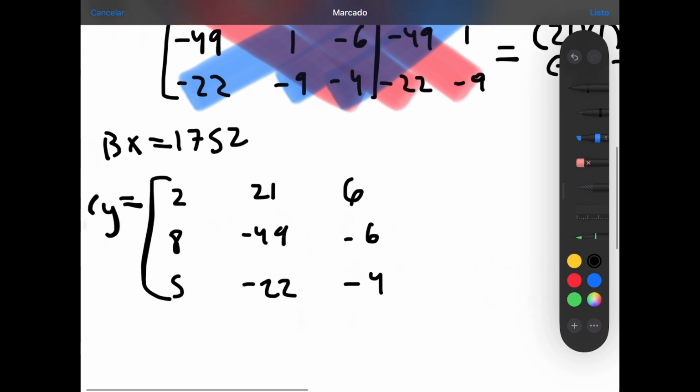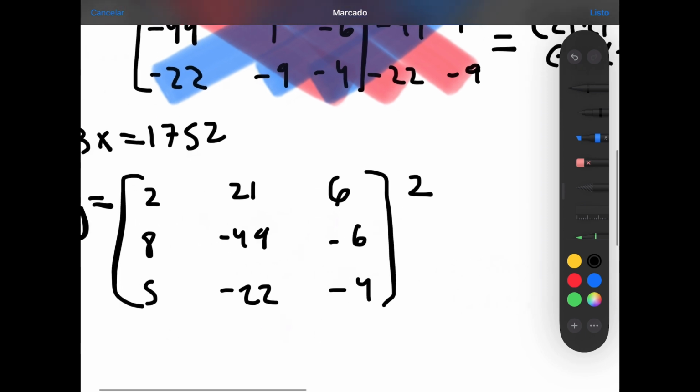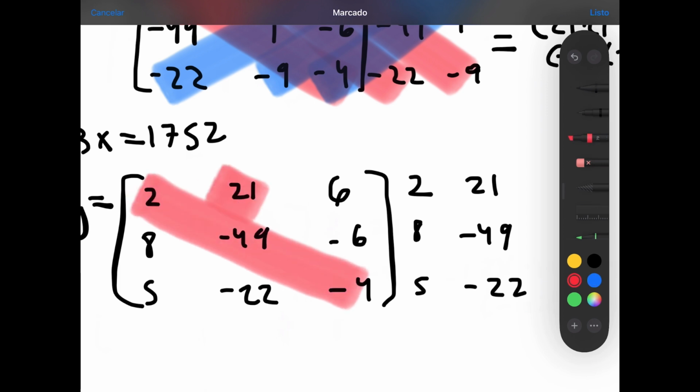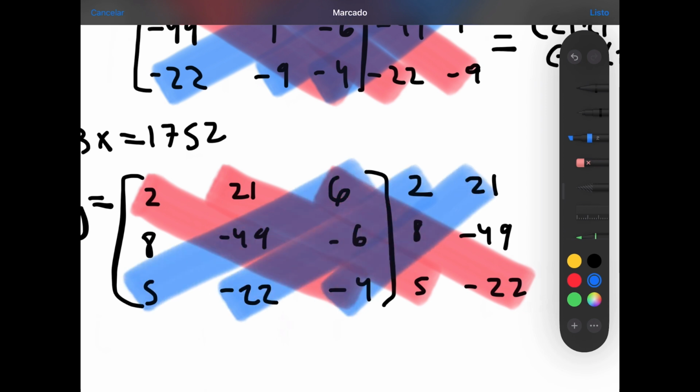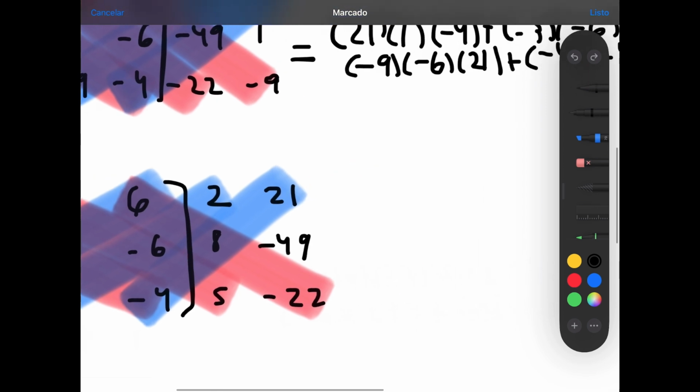Brackets, remember that. Then the first two coefficients that you wrote, put them on your right. Multiply diagonally, first the red ones, then subtract with the blue ones, and the same process once again.